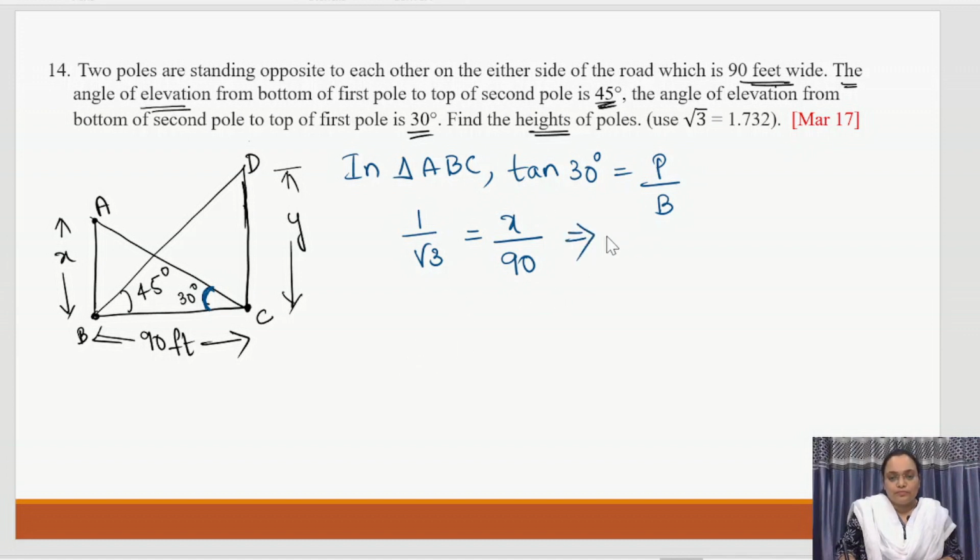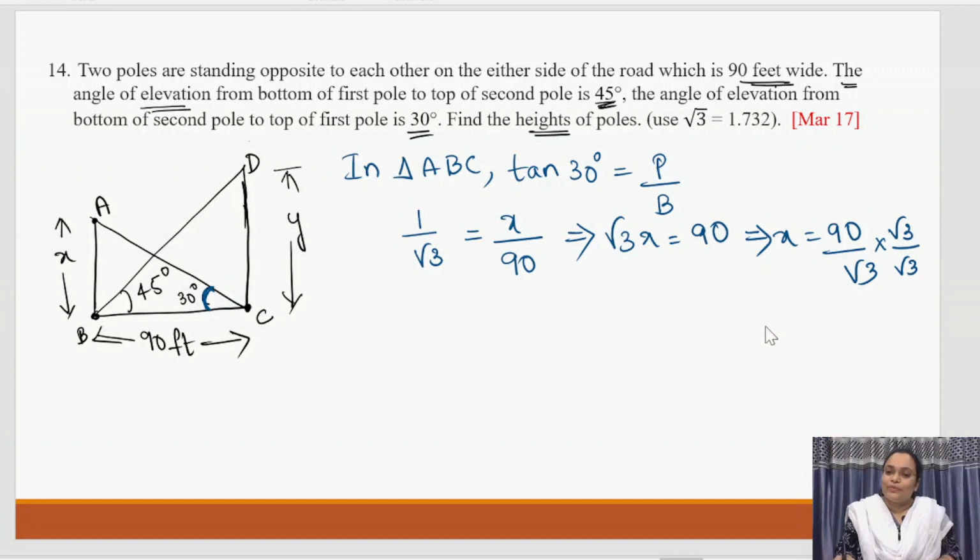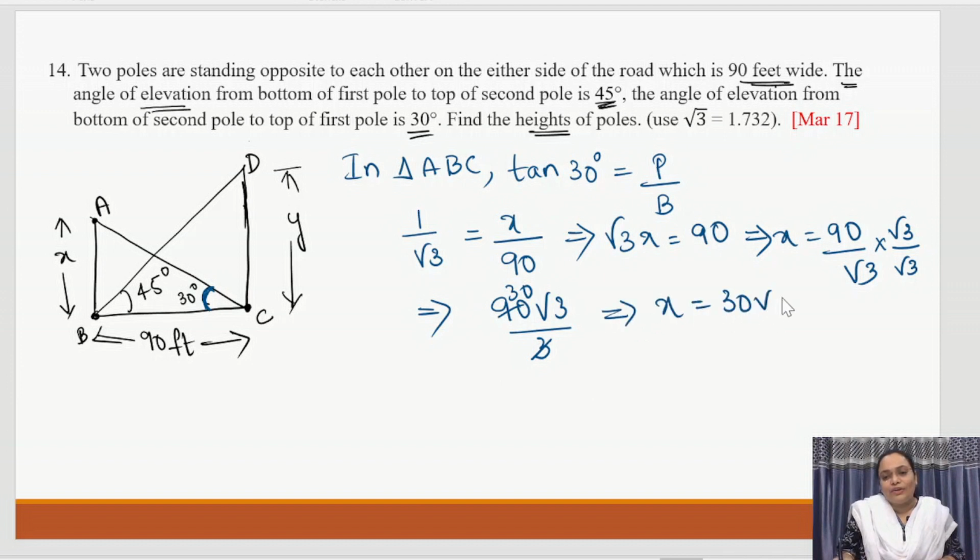You will get root 3 x equals 90, so x equals 90 divided by root 3. When you have root 3 in the denominator, we multiply and divide it with root 3. So this will be 90 root 3 divided by 3, and you will get the value of x as 30 root 3. In the question, we are told to use the value of root 3 as 1.732.